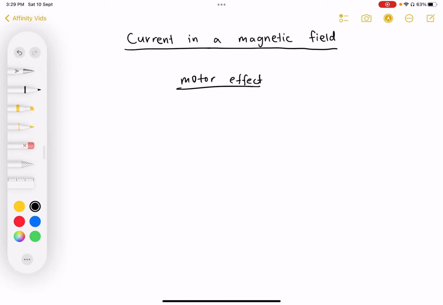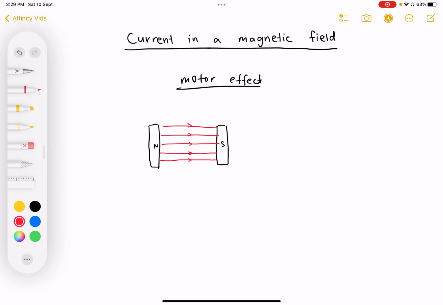To explain how this works, let's say we have a permanent magnet right over here. We have a north and a south pole, and we're going to draw our magnetic field between them. Obviously, we know our direction always goes from north to south.